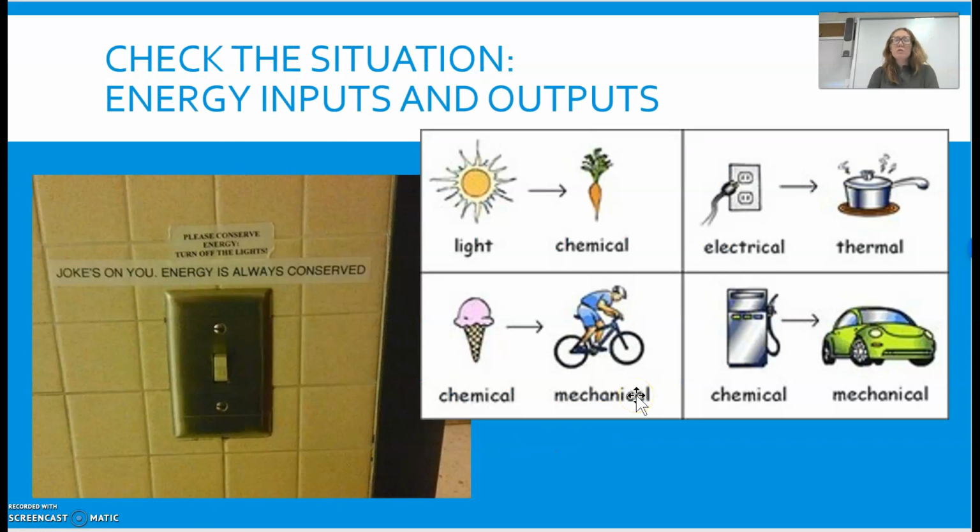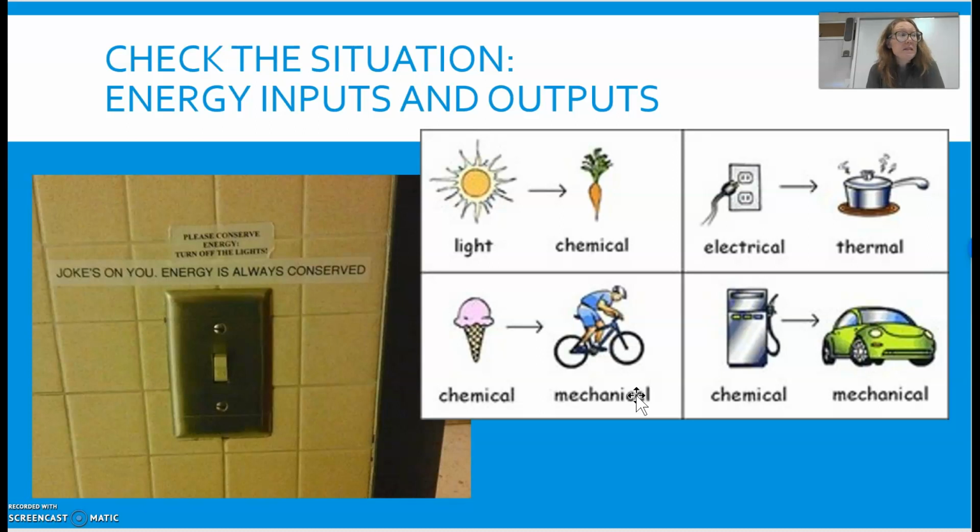So that's kind of a wide overview of that topic. When you're looking at multiple choice questions, I think you just want to check the situation, because sometimes you'll be tempted to use the law of conservation of energy when it really doesn't apply. So you want to check the system carefully.